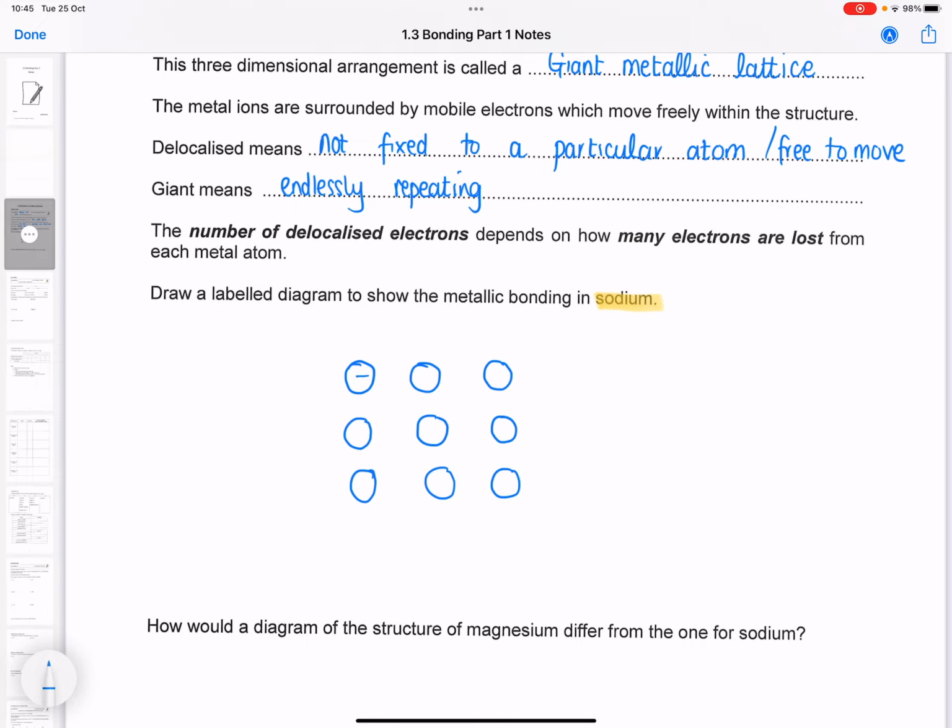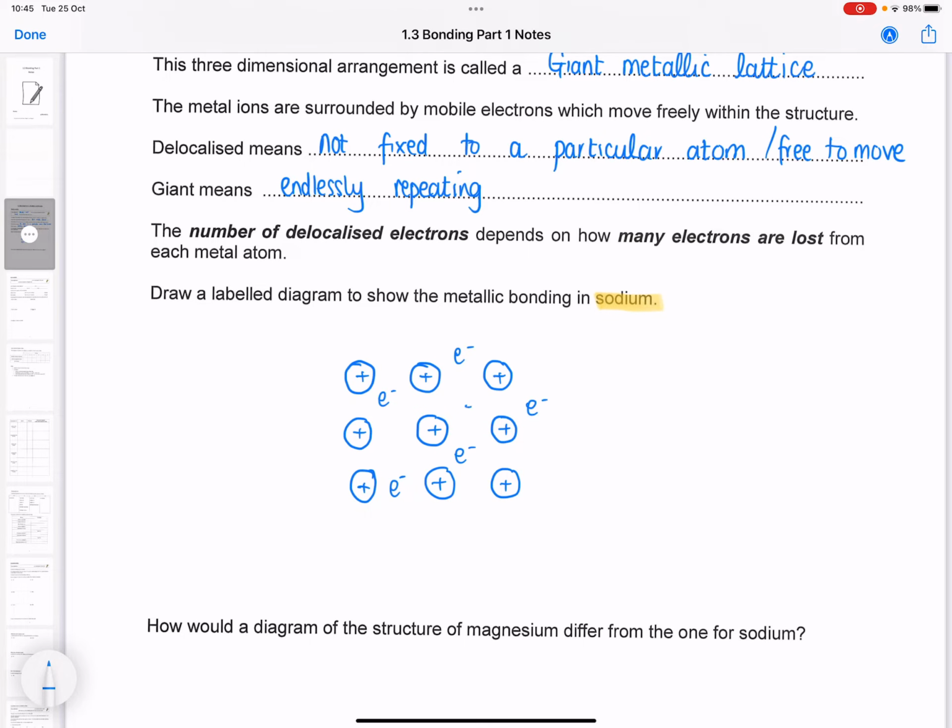Sodium's in group 1, so it forms a 1 plus ion, so I'm going to put a 1 plus charge in the centre of each of these positive ions, and each one of these loses an electron. Now the electrons are free to move, so they don't line up. I'm just going to put e minus for my electrons.